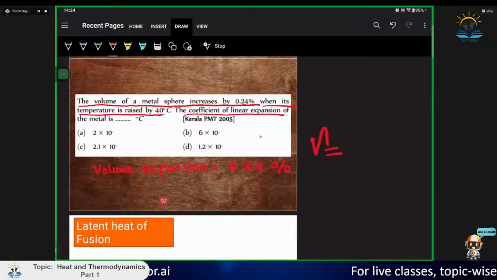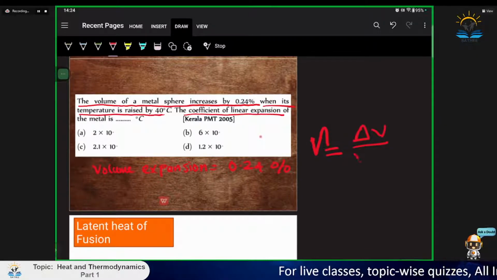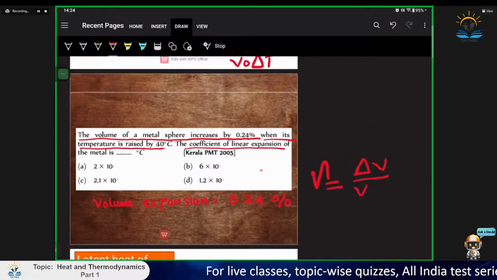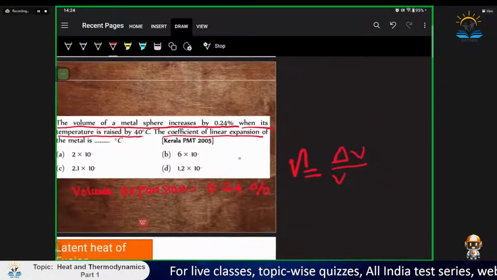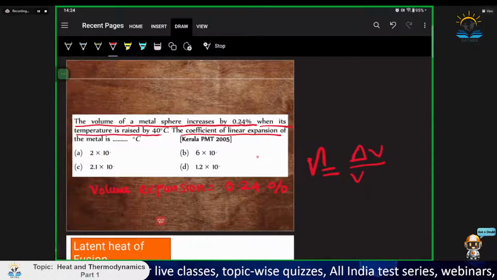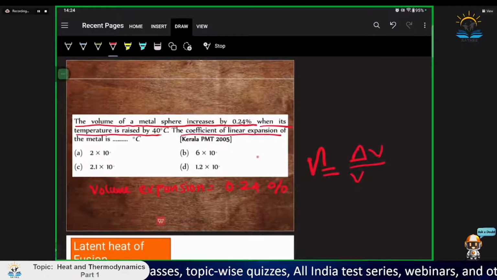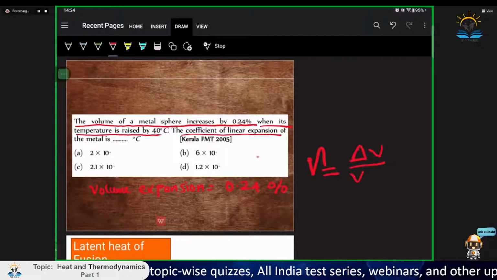Like we know, gamma, that is the coefficient of volume expansion, is delta V by V into delta T. So the delta T is 40 degrees, and delta V by V is 0.24 by 100.